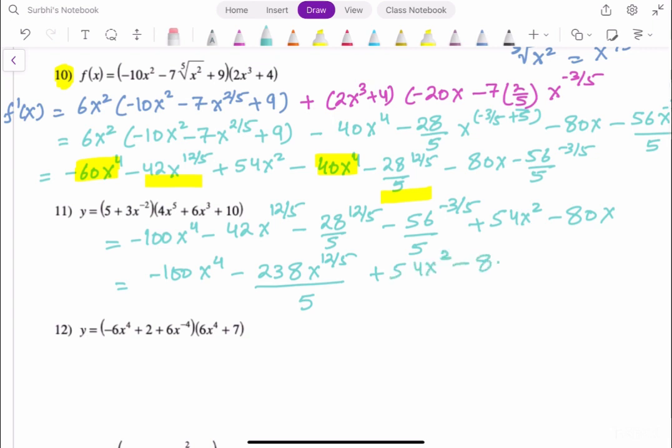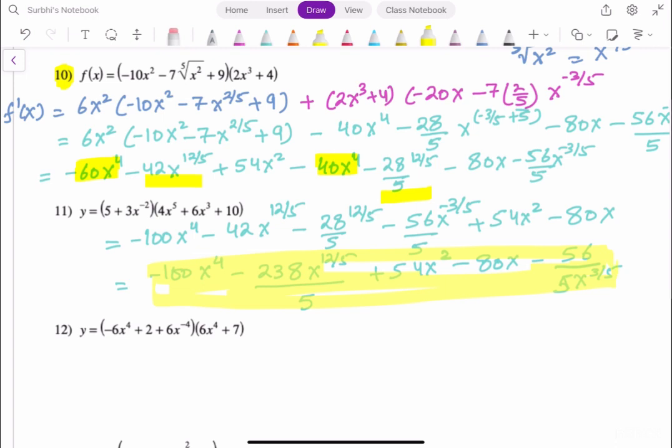We can write plus 54x squared first, and then minus 80x, then minus 56 divided by 5x to the power of negative 3/5. Why I wrote negative 56 over 5x to the power of negative 3/5 in the last? Because so that it can be in the standard format. And because it is negative 3/5, so 3/5 will go down with the x. So this will be your answer.